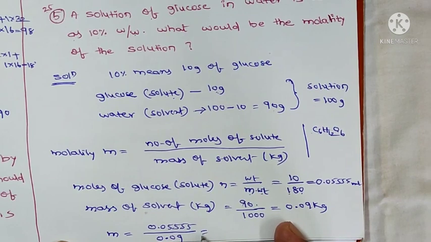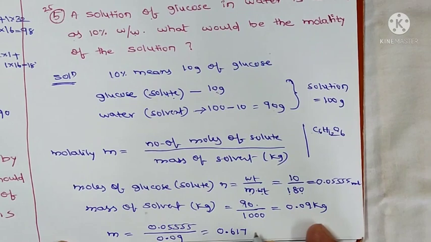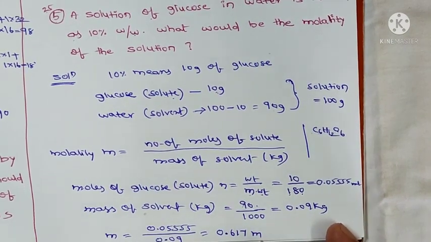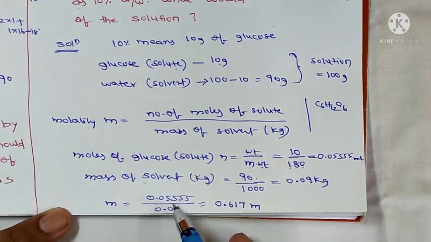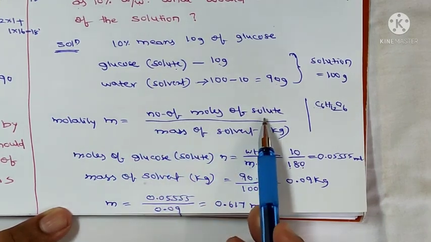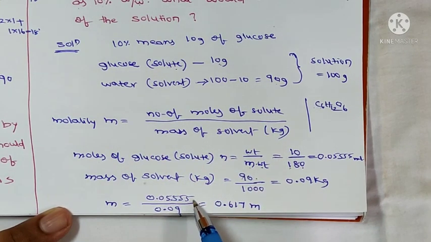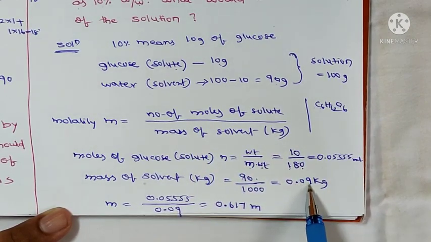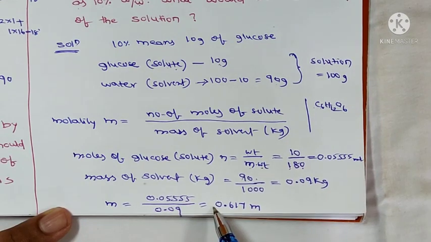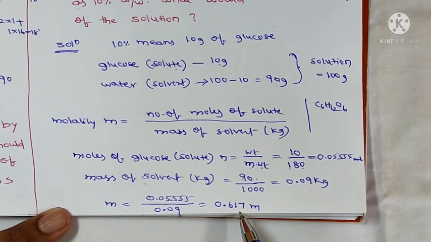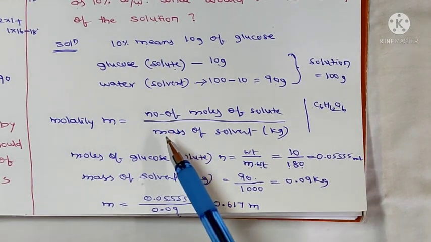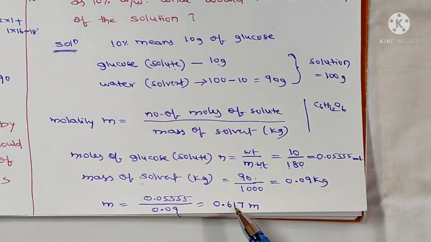If you do this calculation, we will get 0.617 molal. So the solution molality is 0.617 m.